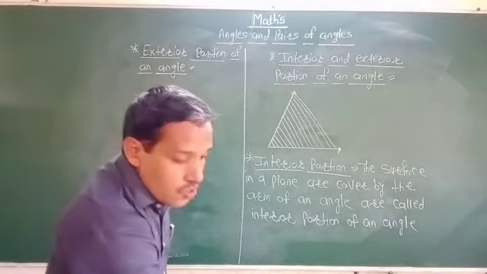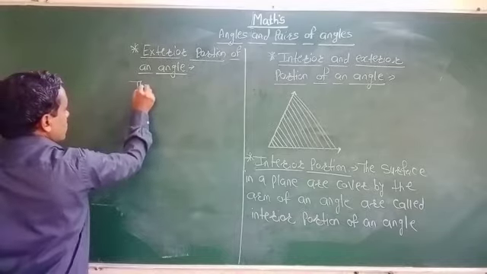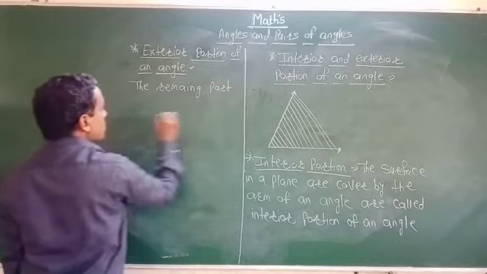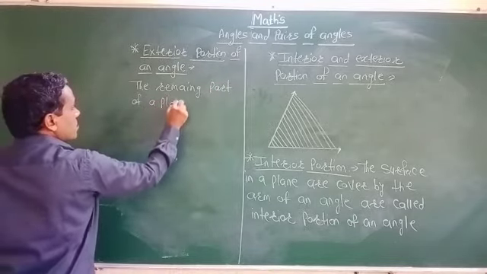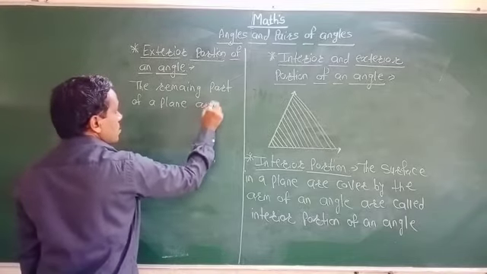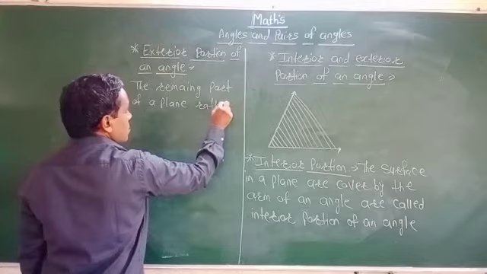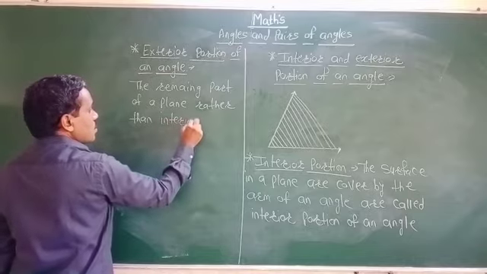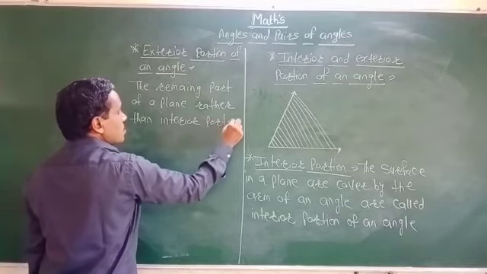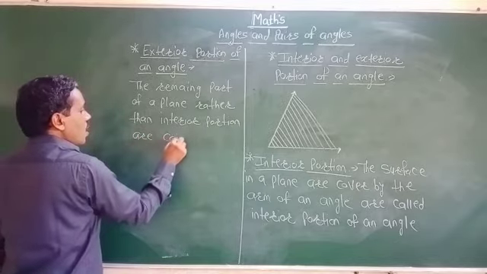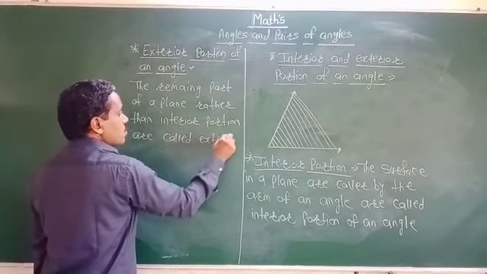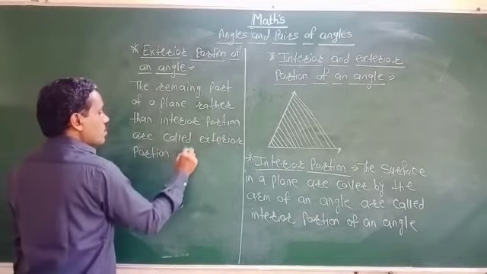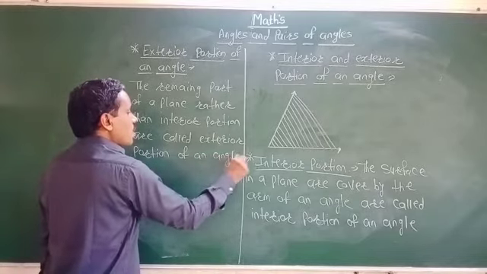Exterior portion of an angle. So which is the exterior portion? The remaining part of a plane, other than the interior portion, is called the exterior portion of an angle.